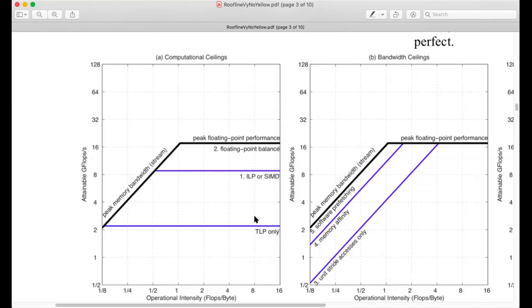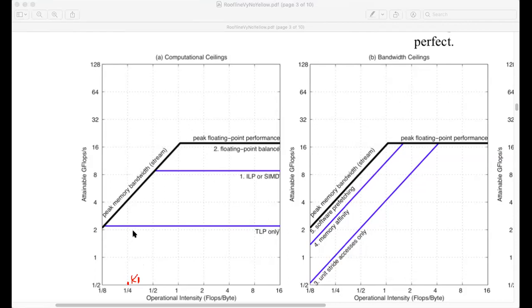Initially you started somewhere here, with a kernel, version K1 of the kernel. It is only using thread level parallelism. It is able to get 2 gigaflops, and memory is not the bottleneck.